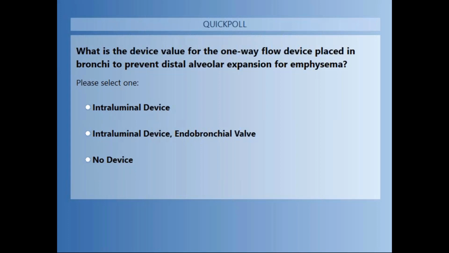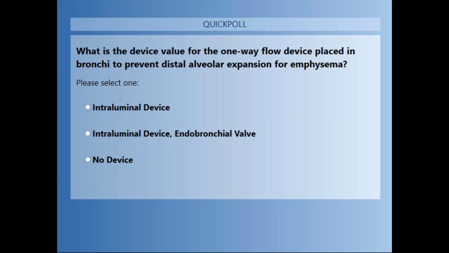So your choices are interluminal device with endobronchial valve, or no device. Is it interluminal device? Is it interluminal device and endobronchial valve, or no device?